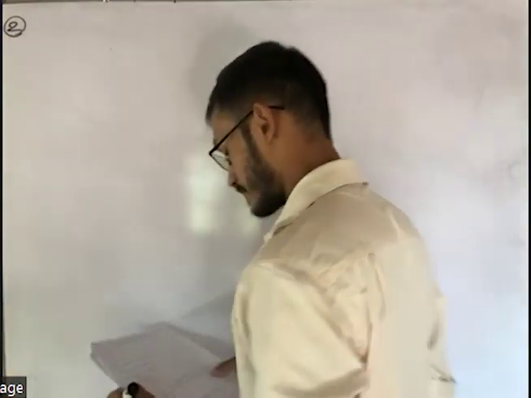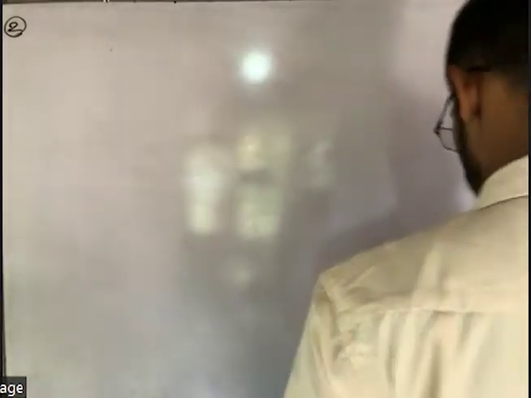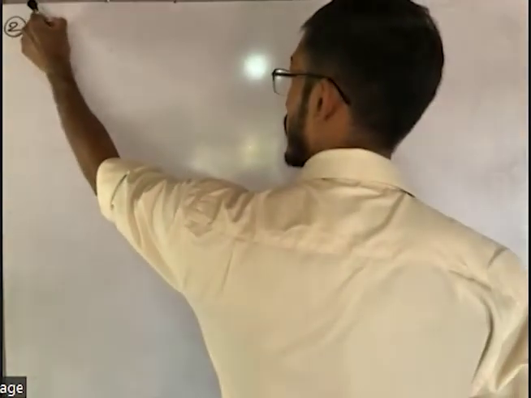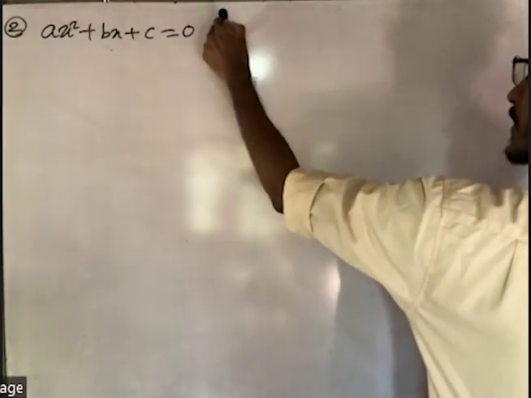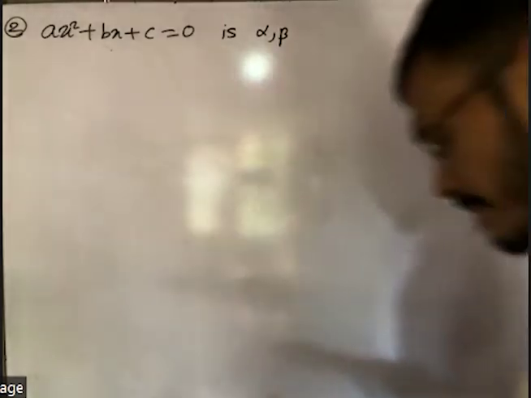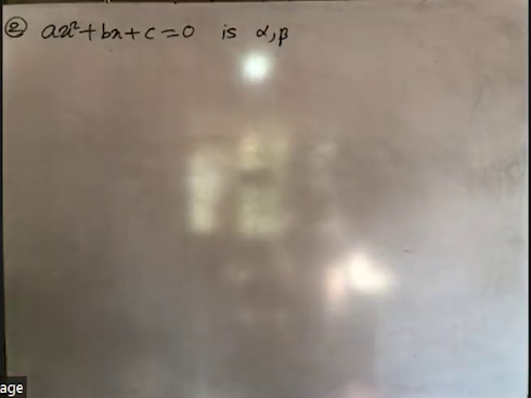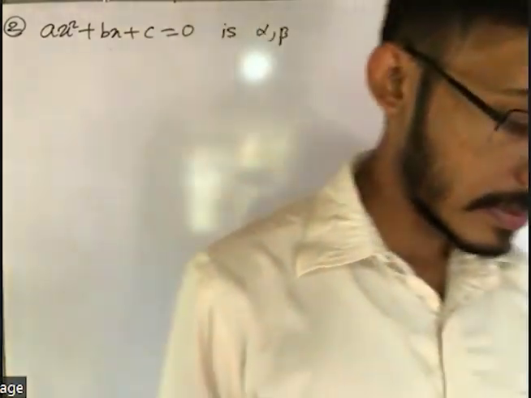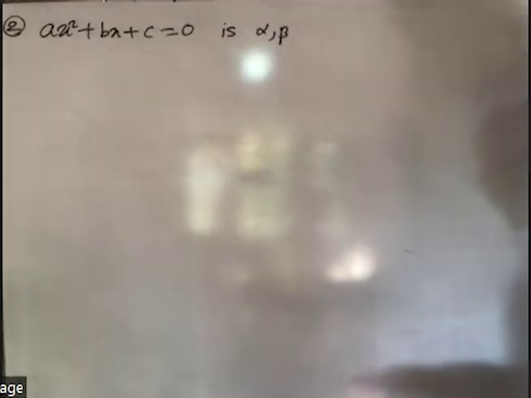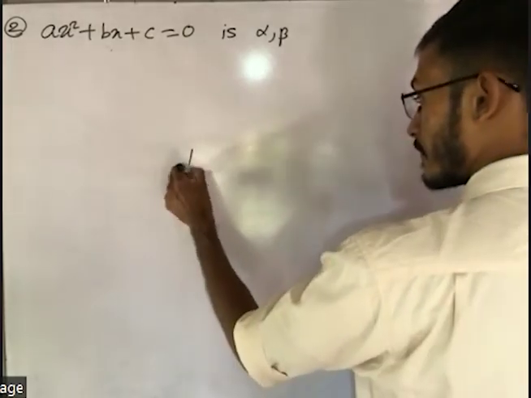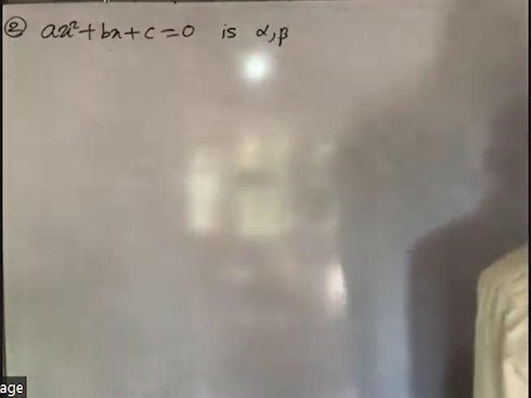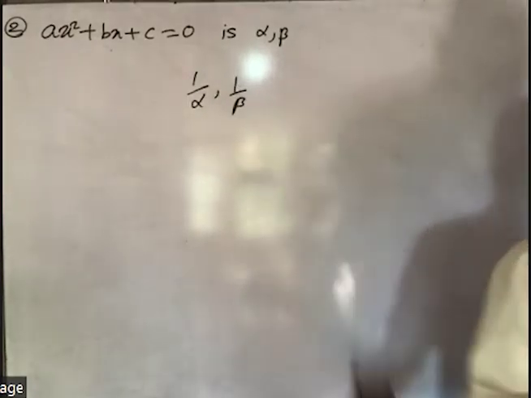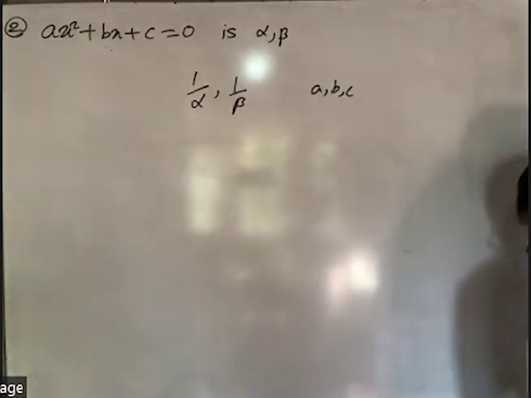Write down: if the roots of the equation ax square plus bx plus c equal to 0 are alpha, beta, then from that derive the quadratic equation with roots 1 over alpha, 1 over beta in terms of a, b, c.